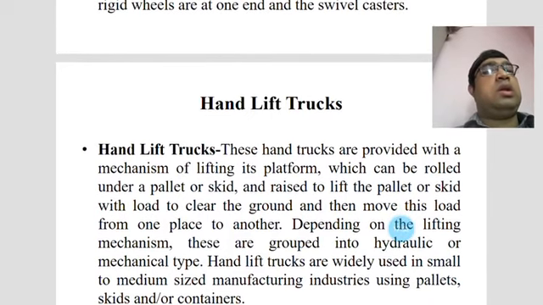Hand lift trucks are provided with a mechanism for lifting the platform, which can be rolled under a pallet or skid.